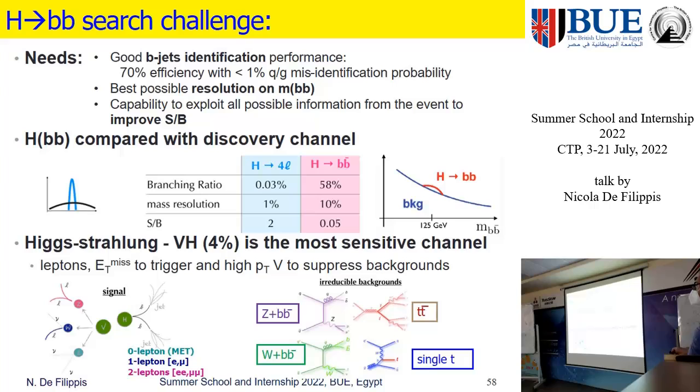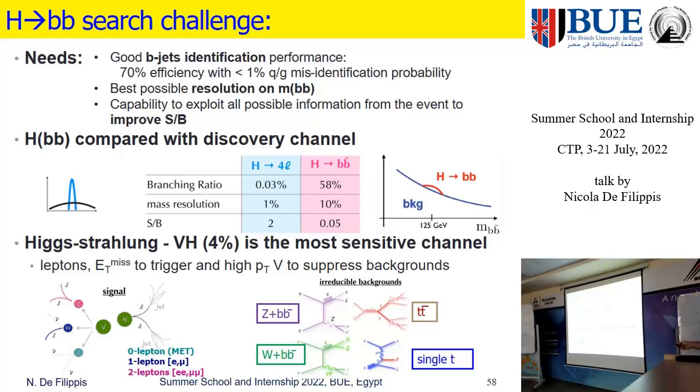You see, the signal over background ratio was 0.05 in the case of the Higgs to BB bar decay. So with a tiny excess with respect to the background. While in the case of the Higgs to ZZ to 4 leptons, even if the branching fraction was much lower than this one, the signal over background was 2.